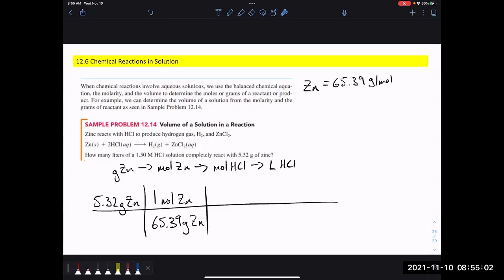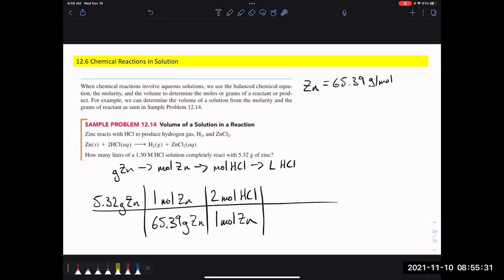And so we'll use our ratio from our reaction equation here. So for every 1 mole of zinc, we're going to need 2 moles HCl.